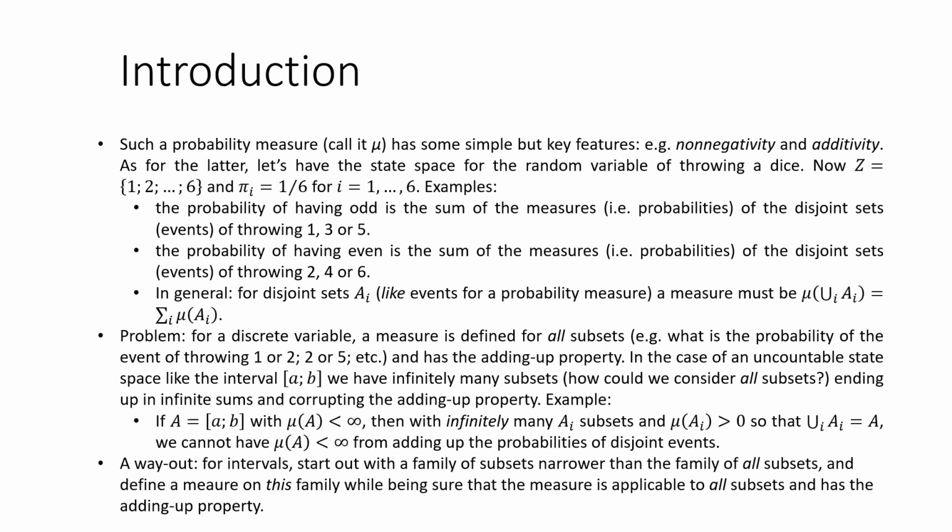So we need a way out, and this way out is to define measures on smaller or narrower families of subsets, and to make sure that the measure defined on this narrower family of subsets of the state space can be applied to the broader family of subsets of the state space. This is the strategy.